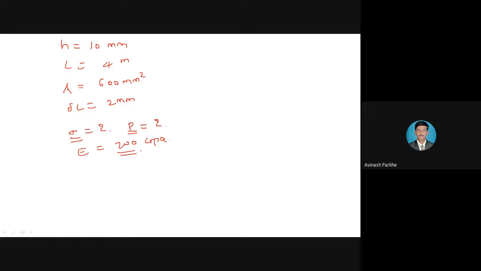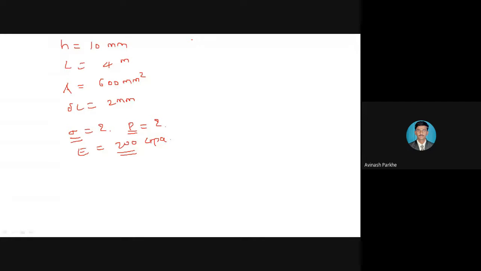Deformation formula, because deformation is given. By using the deformation, just think which formula we can use. Through this deformation, which parameter can I calculate immediately? Whether stress is there or load is there? Stress. Yes, stress, 100 Newton per mm square. Please check your answer.